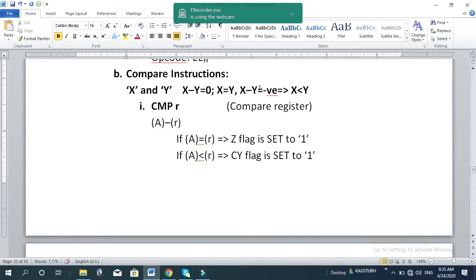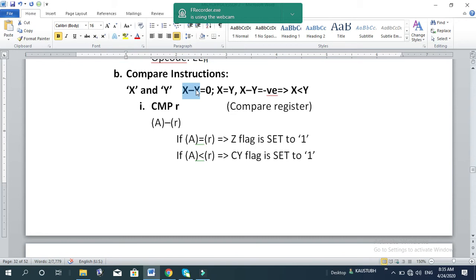Now in the 8085 microprocessor also the same operation is performed while comparing two data, that is the subtraction operation. Now remember, there are instructions available for subtraction as well: SUB R, SUB M, SUI data. These are 3 instructions without borrow.